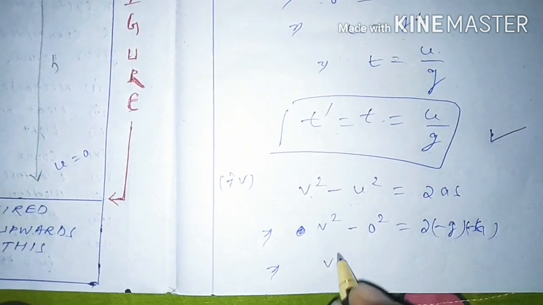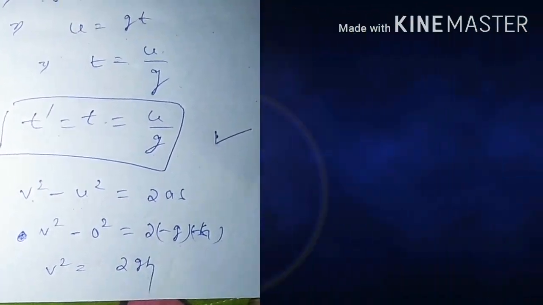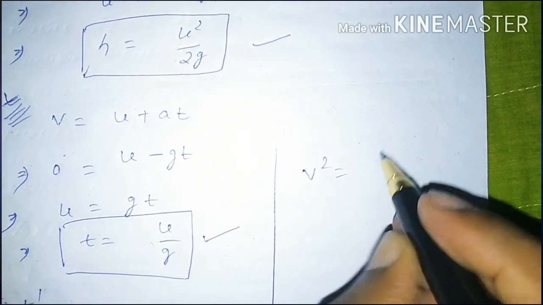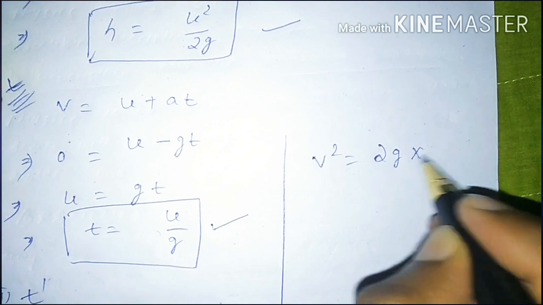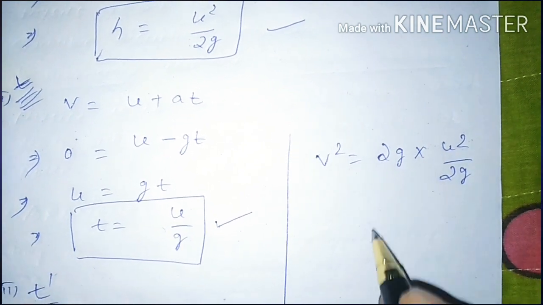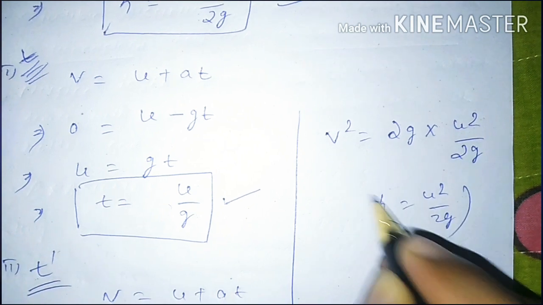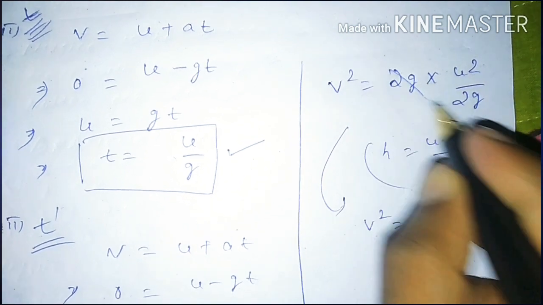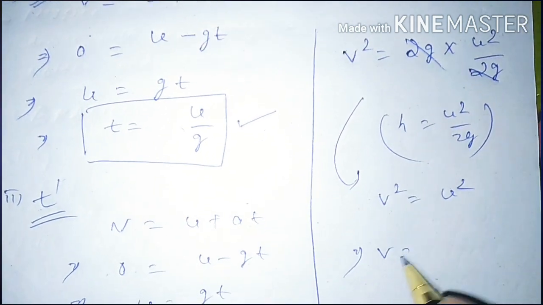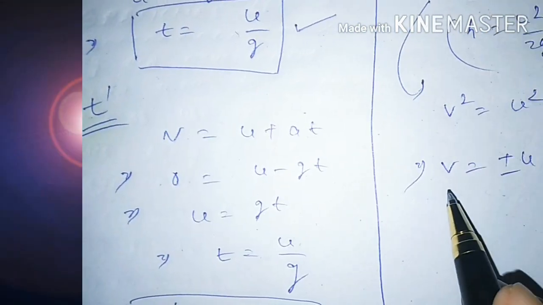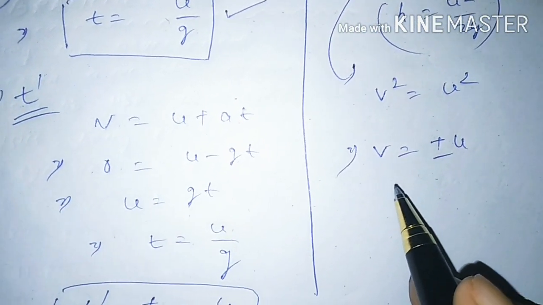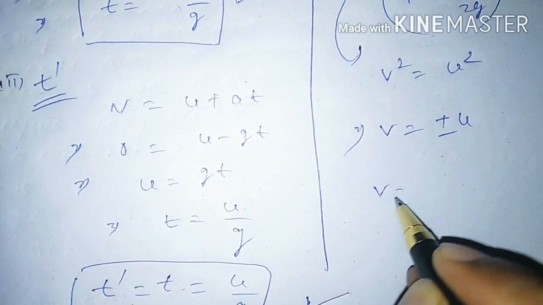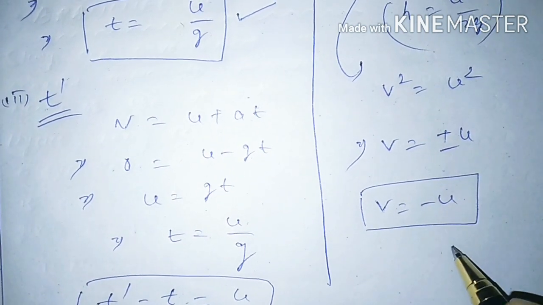So v square is equal to 2gh, or v square is equal to 2g into u square by 2g, because h equals u square by 2g. So v square is equal to u square, or v equals plus or minus u. We should reject the positive sign since the velocity of the body on reaching the ground is in the downward direction. So v is equal to minus u. This is the answer.